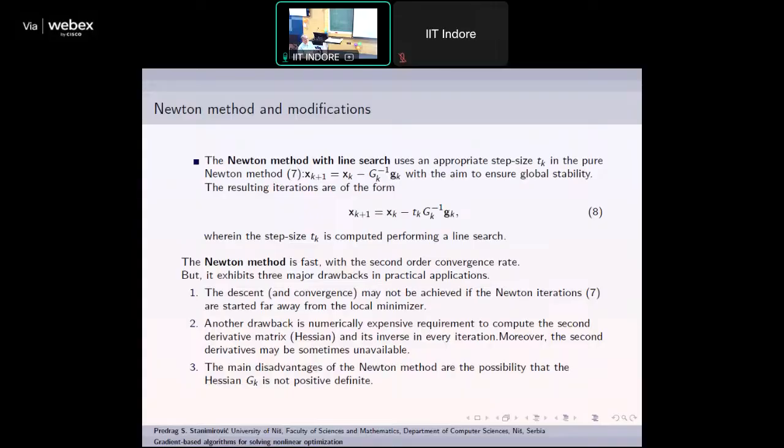Step size can, how to say, stabilize Newton method and can lead to global convergence, which is okay, but the problem with Hessian and inverse of Hessian remains.